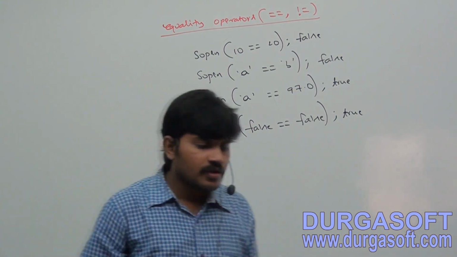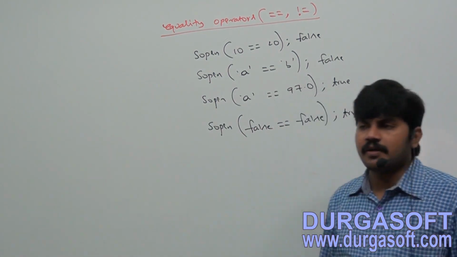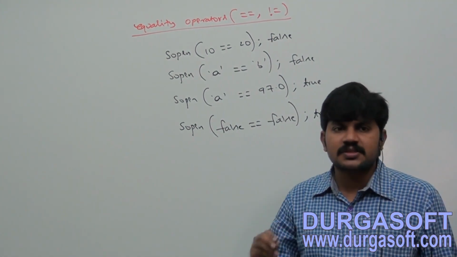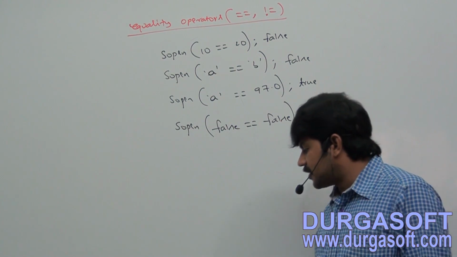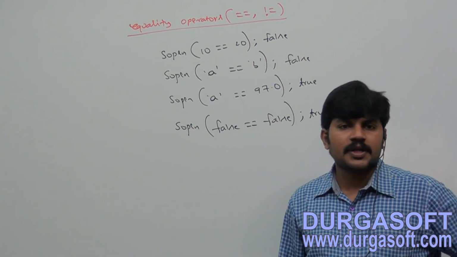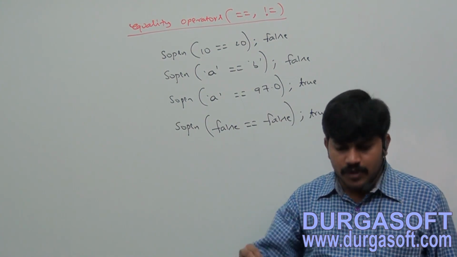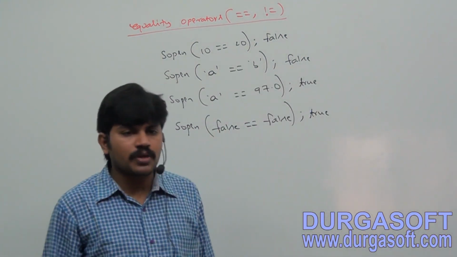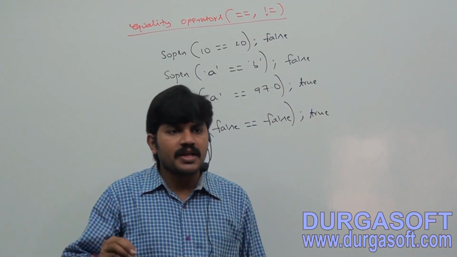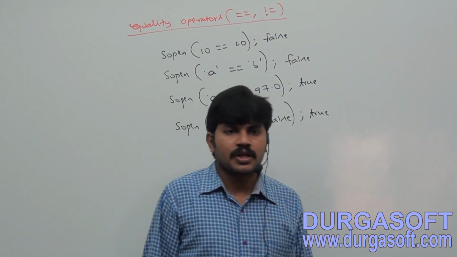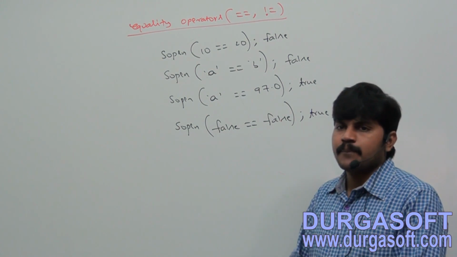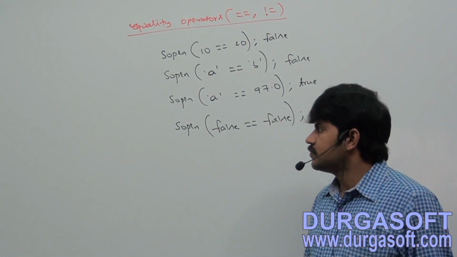First point: we can apply equality operators for every primitive type, including boolean type also.